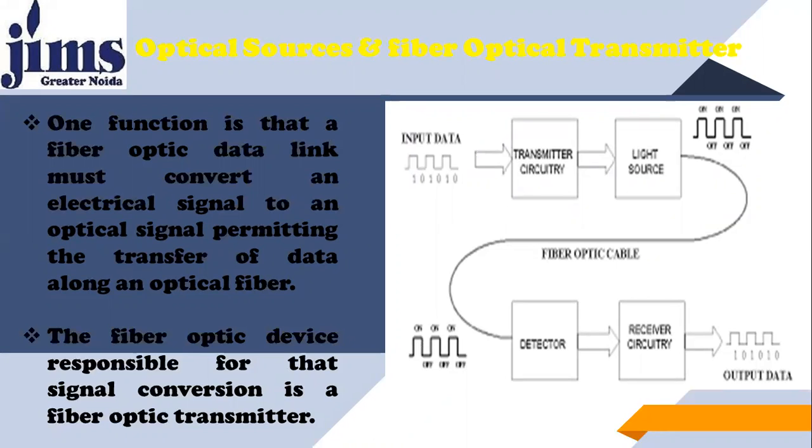So we need a conversion, because we know that the signal that propagates through the optical fiber is light. So the information is converted into light. The information that you have, which is in the form of an electrical signal, should be converted into its equivalent light signal, and that particular task is performed by the optical source.